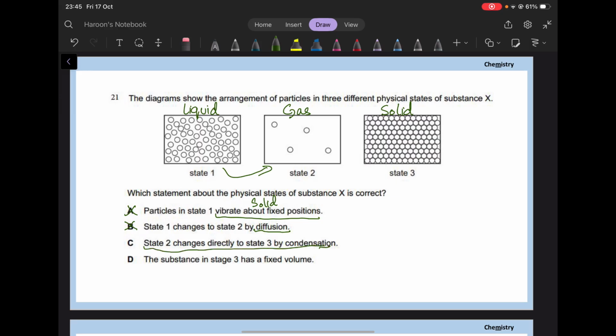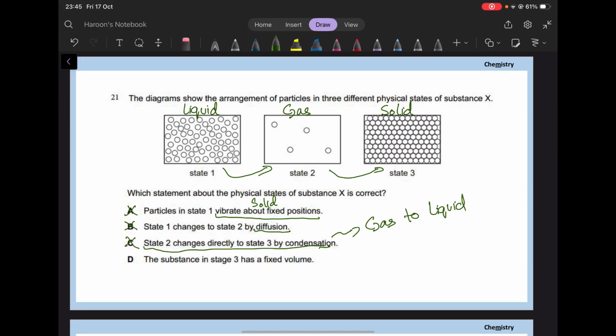Now condensation is the reverse of boiling. Boiling is from liquid to gas, so condensation should be from gas to liquid, right? Now state 2 to state 3, this is gas to a solid, right? So not condensation. So C is out.